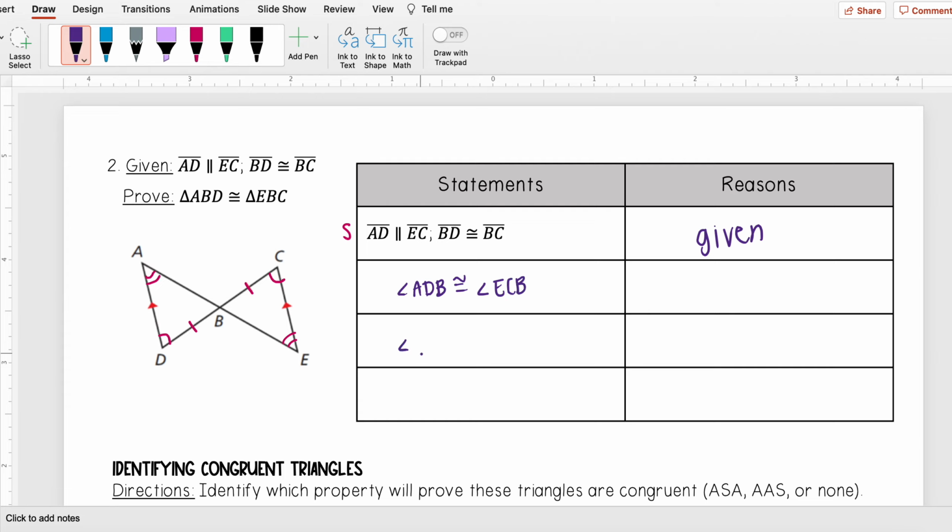And I know that angle DAB is congruent to angle CEB. And again, that's because they're parallel lines cut by a transversal, and those are my alternate interior angles. So both of these reasons are going to be the alternate interior angles theorem.